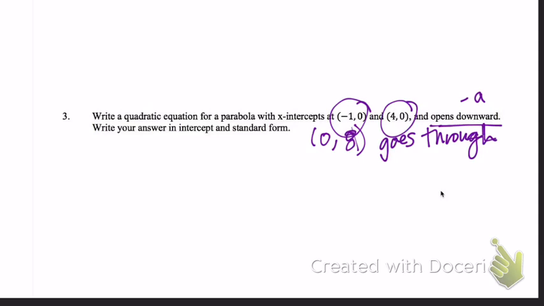So when it gives you the x-intercepts, you are going to write out the intercept form, which is y equals a, x minus p, x minus q, where p and q are your x-intercepts.